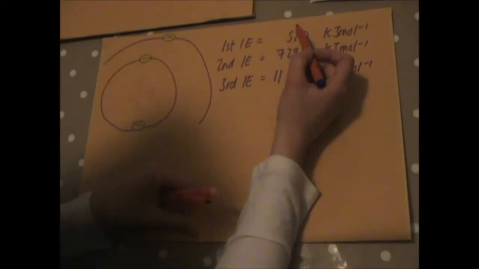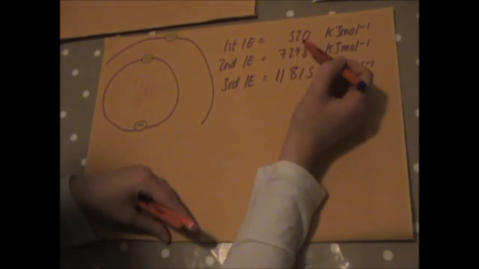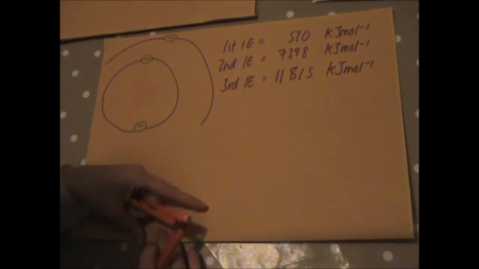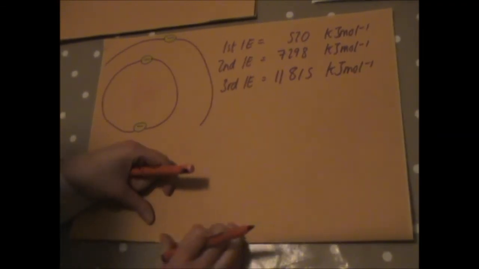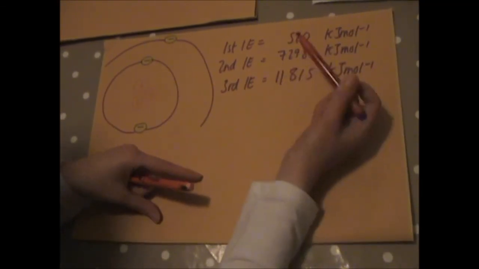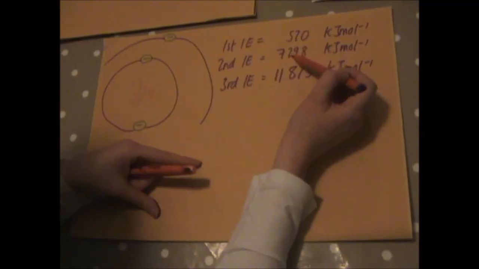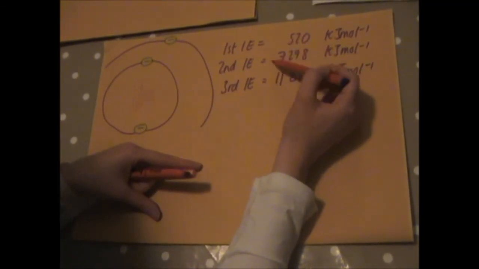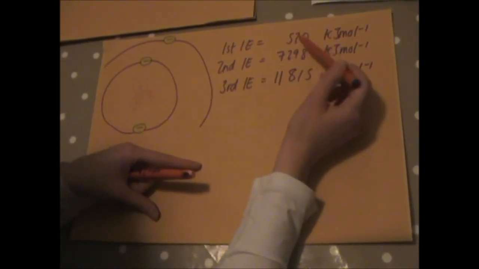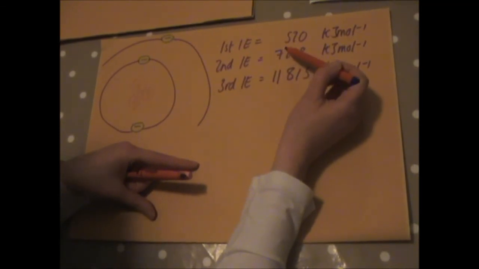Okay, so here we have the 3 values, and we're going to have a look at those 3 values and use them to draw out the factors that affect ionisation energy. So if we compare the first and the second ionisation energy, you can see that there's quite a considerable difference between them. This number is about 14 times bigger than that number.